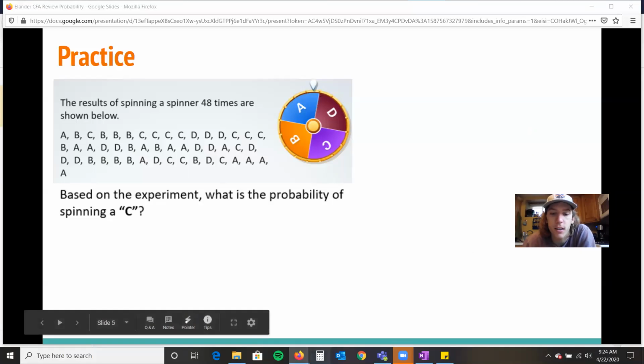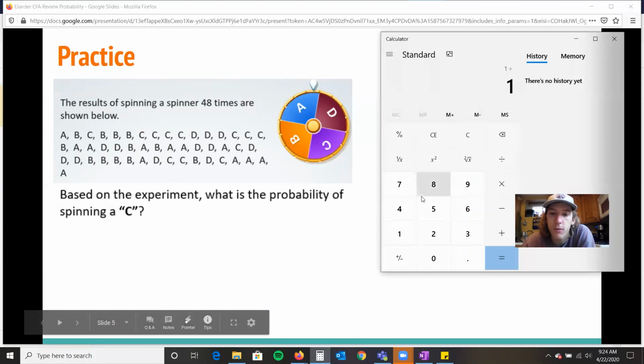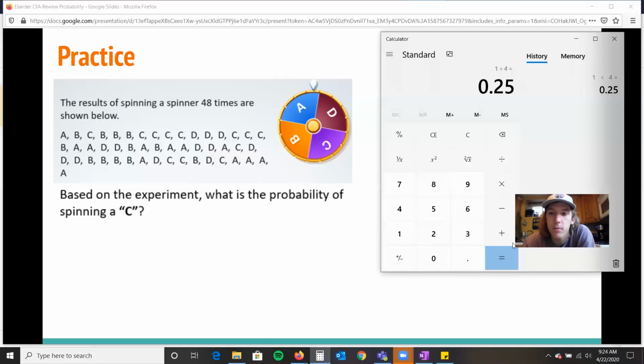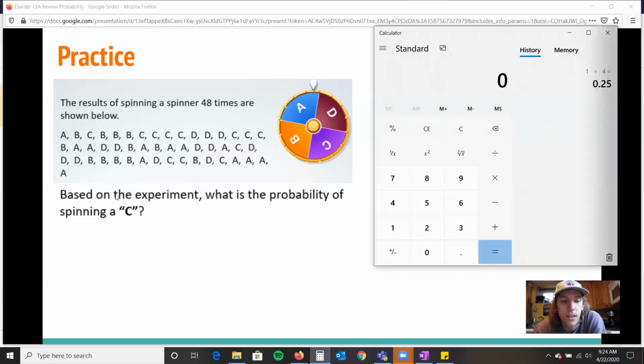And I'll show that here, right? So 1 out of 4 times should be exactly 25%. Now let's see if the experimental probability is the same. So that's what this says: based on the experiment, what is the probability of spinning a C? We got 1, 2, 3, 4, 5, 6, 7, 8, 9, 10, 11, and 12.